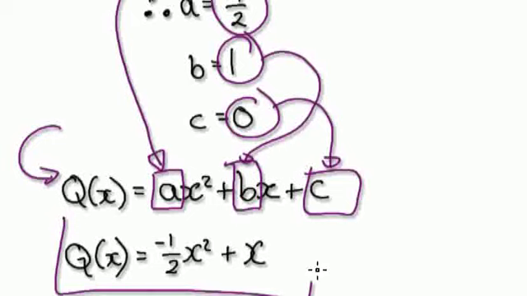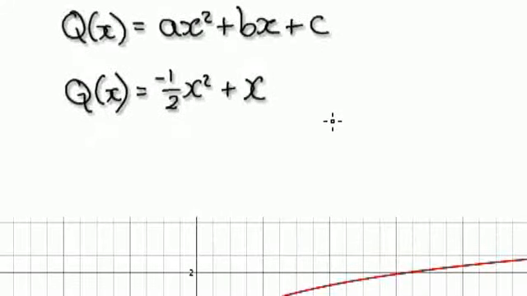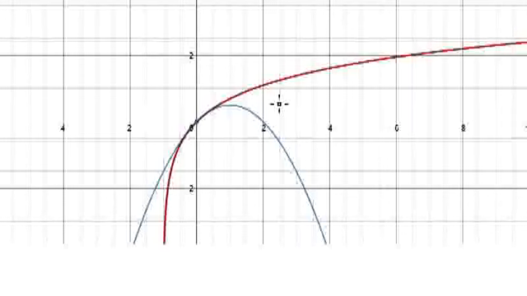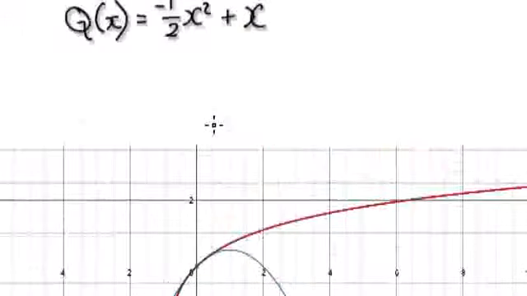So this is our quadratic approximation. Get yourself a graph plotter, plot the original function, and then plot in our quadratic approximation. That will give us this. Around x equals 0, it is pretty good. So this here is our solution.